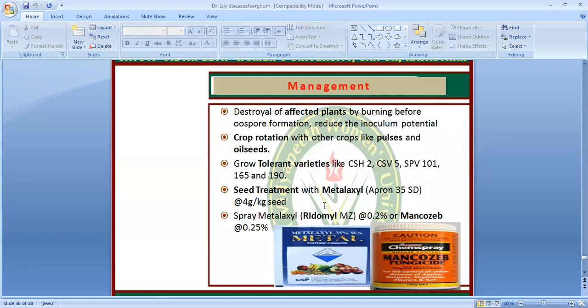How do we manage this disease? We destroy all the infected plants by burning before oospore formation, and what happens? The inoculum potential is reduced.